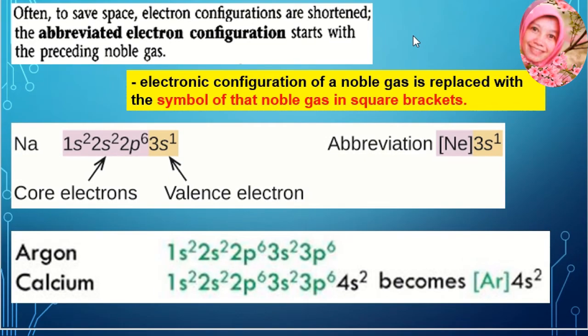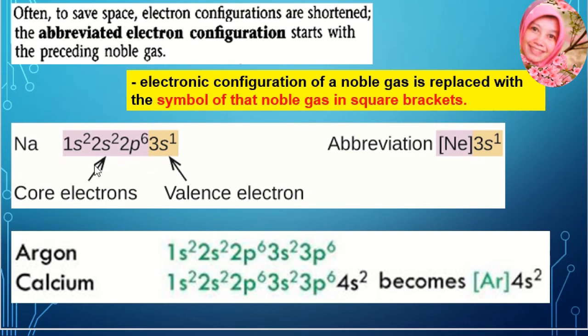Students, before I proceed, I would like to introduce the simplified notation of electronic configuration. This notation places the electronic configuration of the noble gas of the previous period in square brackets. Look at this example. We have sodium atom with electronic configuration of 1s2, 2s2, 2p6, 3s1.